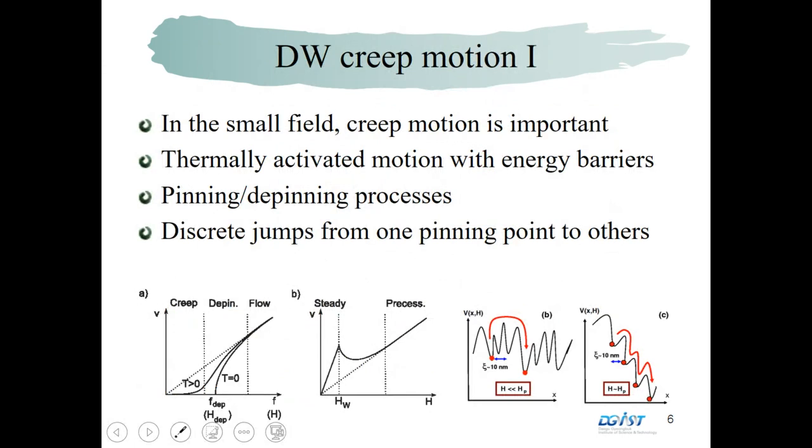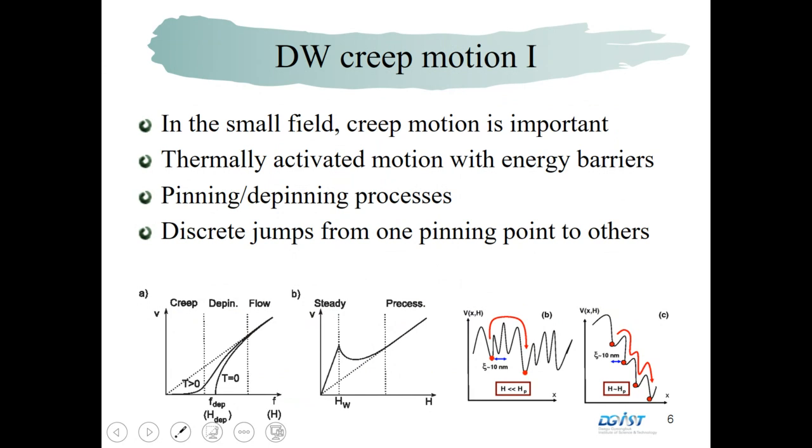Okay, so in domain motion, Chang asked me in a Western movie, there is some kind of we are using the current, so he is worried about the Joule heating, right? So that's very important.